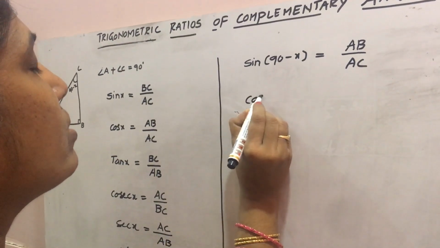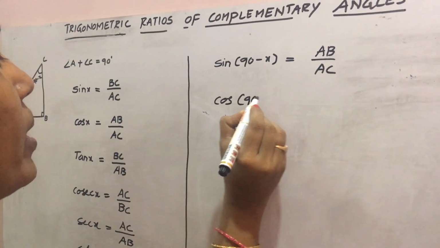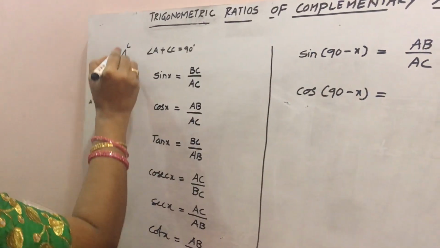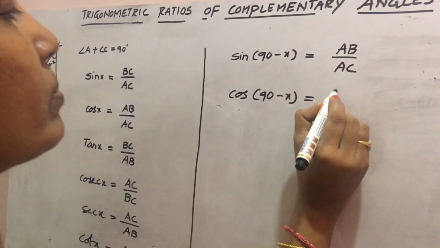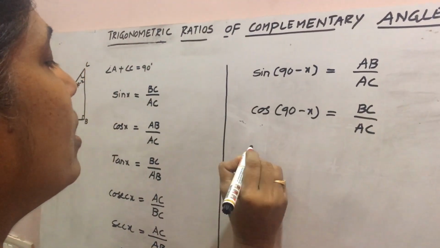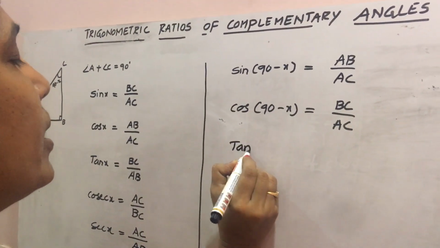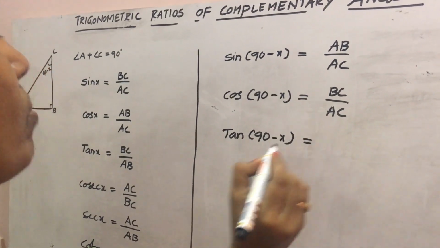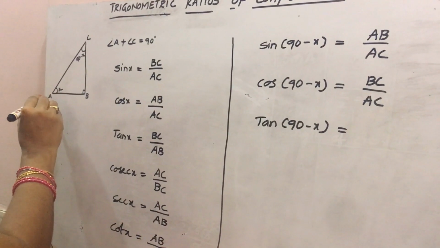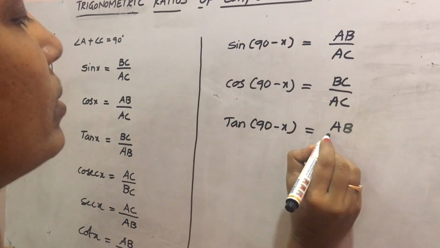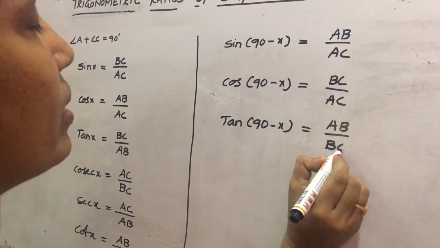Now see cos 90 minus X. By the definition, we can write adjacent side to 90 minus X is BC. Hypotenuse is AC. Now let us see tan 90 minus X, which is equal to opposite side to 90 minus X is AB. Adjacent side to 90 minus X is BC.